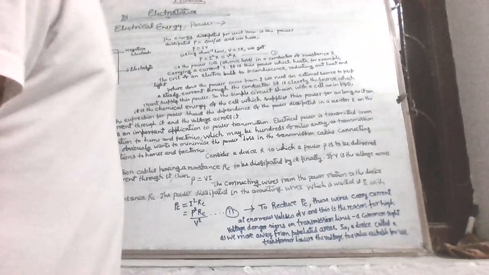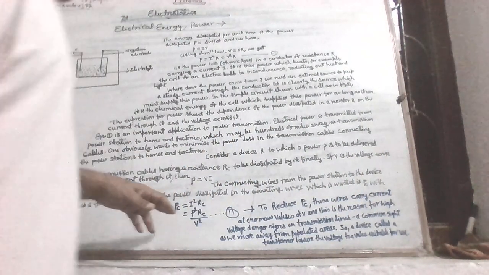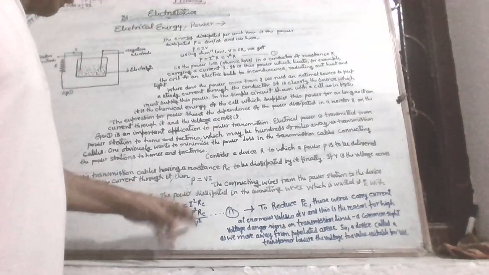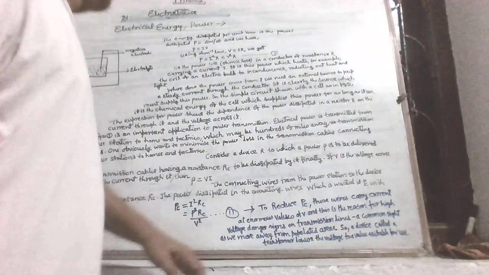The power dissipated in the connecting wire is PC, where PC = I²RC = P²RC/V². To reduce PC means to reduce the dissipated power.